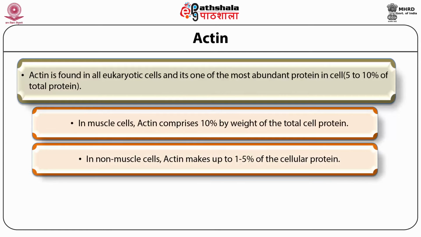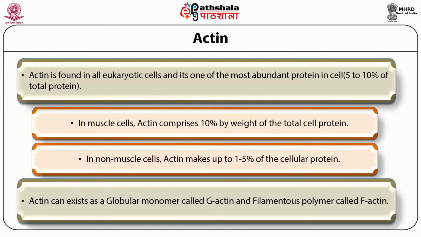In non-muscle cells, actin makes up 1 to 5% of the total cellular protein. The actin component varies from cell to cell and with the function the cell requires. Actin can exist as a globular monomer called G-actin and a filamentous polymer called F-actin.